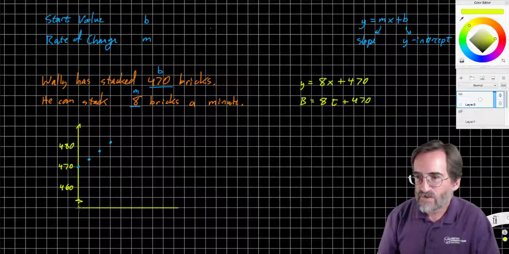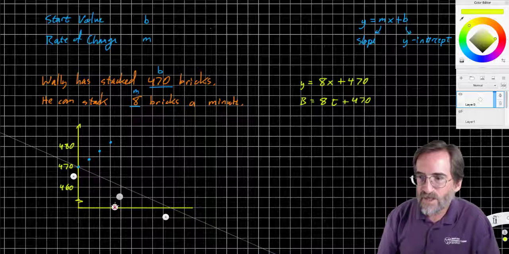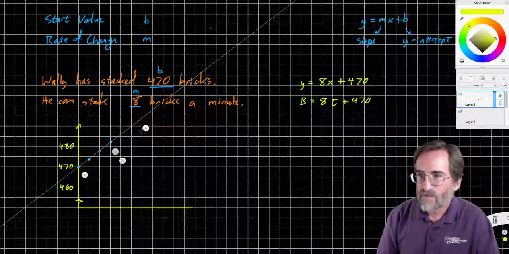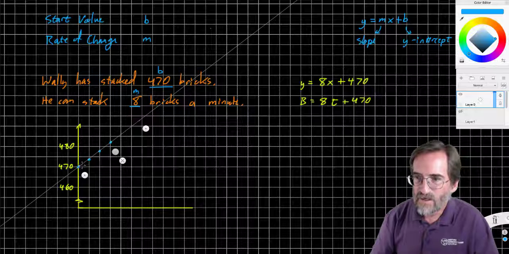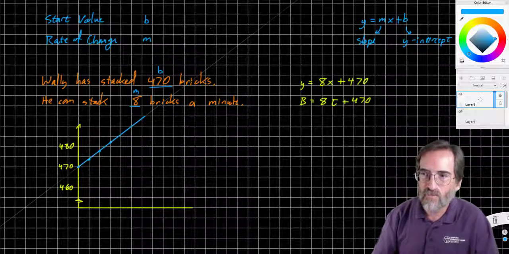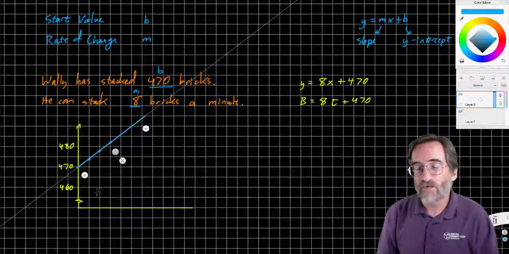Now, there's more to this lesson than just this. And in this particular case, by the way, would I want to connect the dots? Can he stack an uneven number of bricks? Can you stack 1.4 bricks? Not really. You can only stack whole bricks.